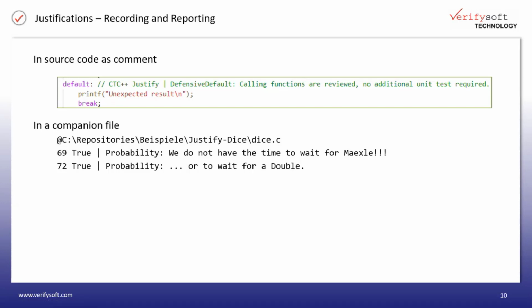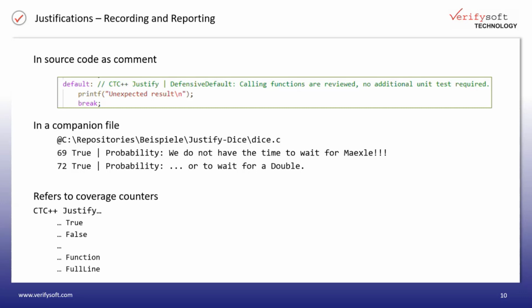It's also possible with that approach to separate justifications. You have, for example, justifications for integration tests that do not apply to unit tests, because perhaps you are able to cover more with unit tests than you did with integration tests. And this distinction is only possible when you have the justifications in a companion file.